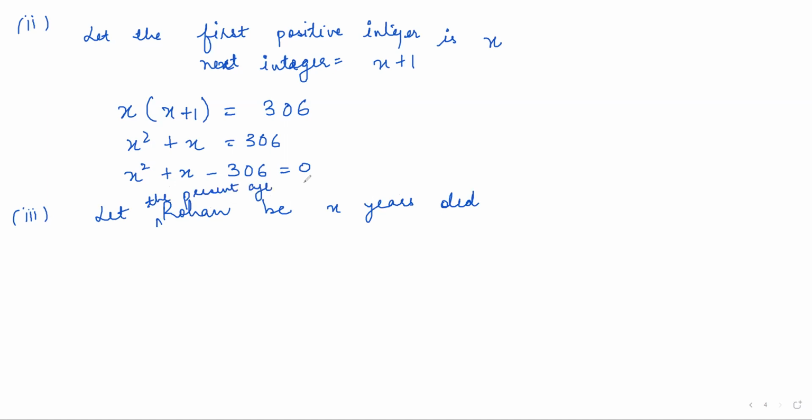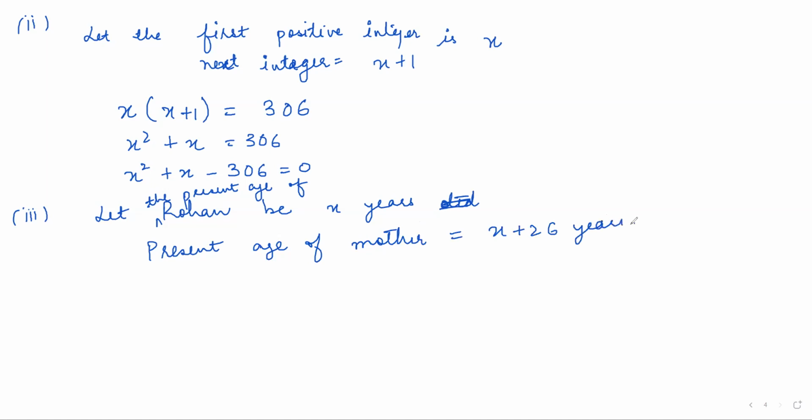Present age of Rohan be x years, right? Okay, Rohan's mother is 26 years older than him. So what will be the present age of mother? x plus 26. Yes. Present age of mother is x plus 26 years, right?